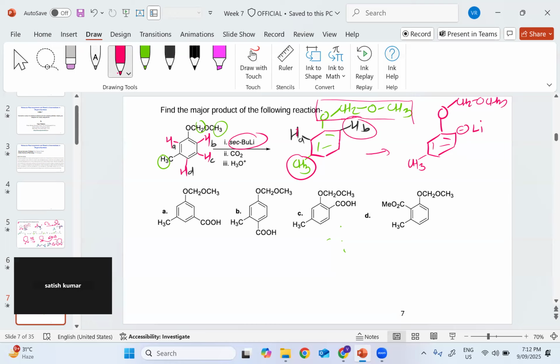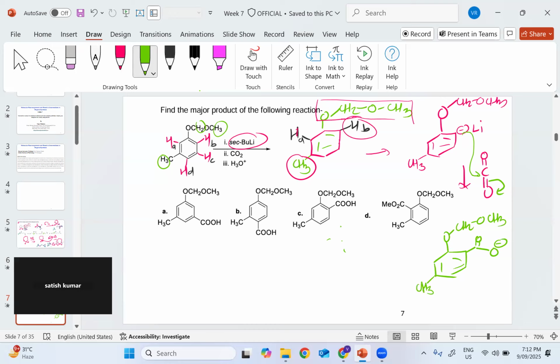Once this intermediate is formed, it reacts with CO2, which is the electrophile. Now this negatively charged carbon attacks the carbonyl carbon. It gives the formation of a carbonate, O negative. So this will open up, and there is a CH3, right?